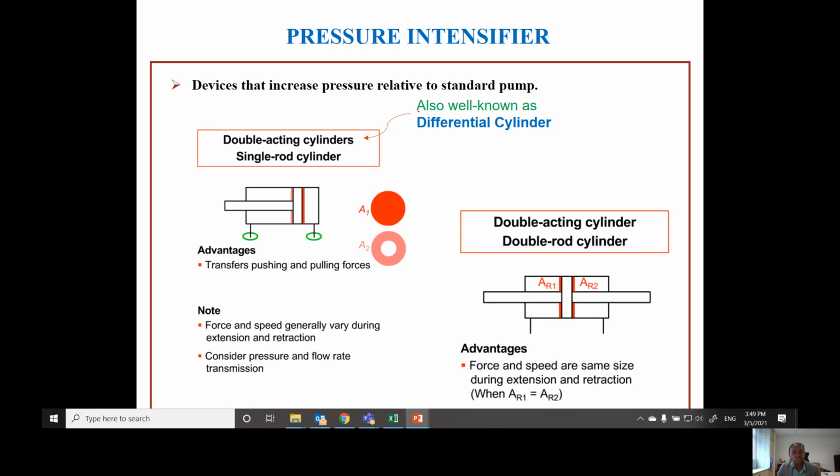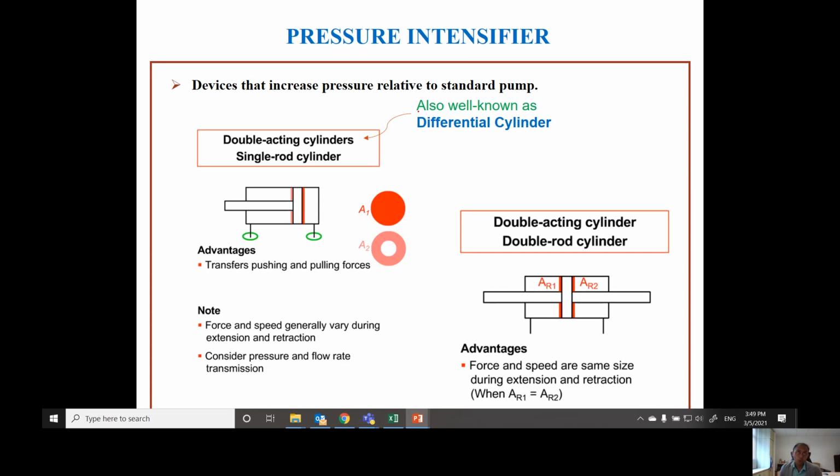So a pressure intensifier is actually a device or a circuit that allows you to increase the pressure relative to the standard pump. Okay. So let's say the pump provides you only 20 bar to the system, but with a pressure intensifier, you can intensify or amplify.